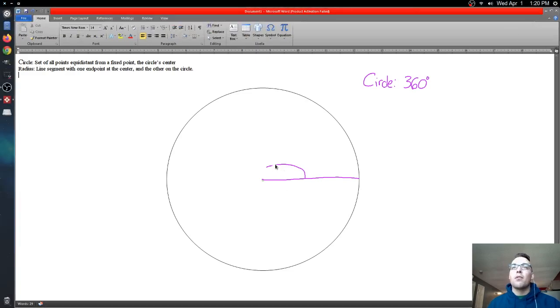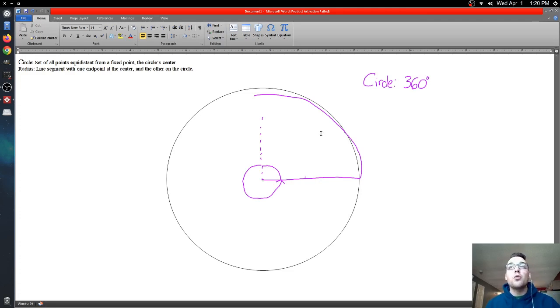Let's see if I remember how to erase. There we go. If I opened it up here, that would be a 90-degree angle if I were to draw that angle up in there. Or here would be 180, here would be 270. But if I ran it all the way around, that thing I trace out on the outside would give me the full 360-degree circle.